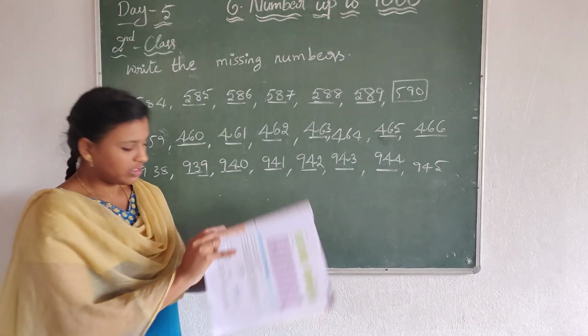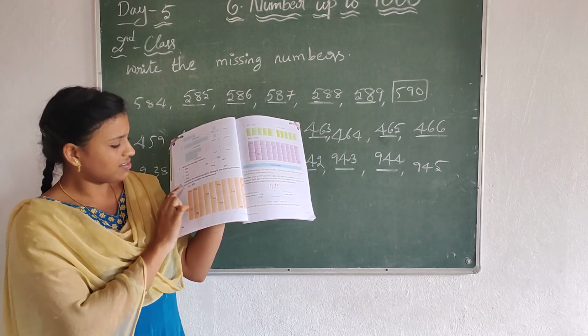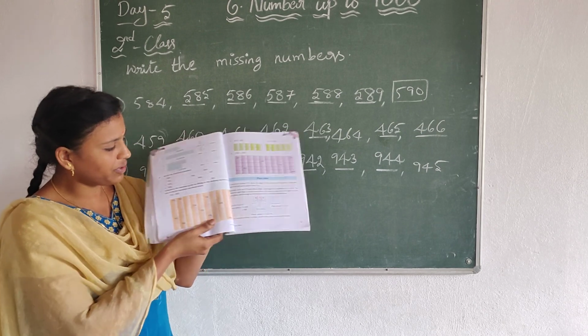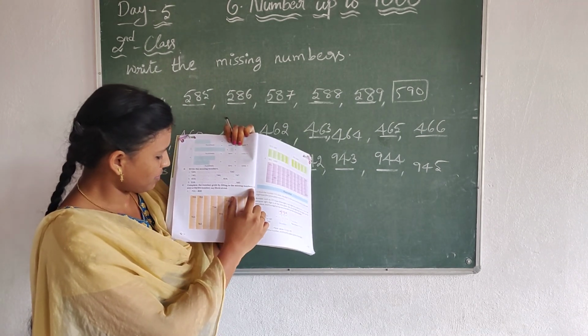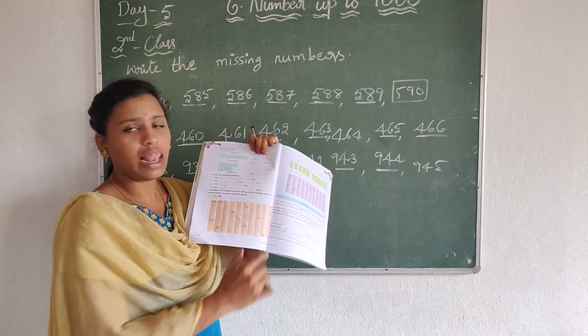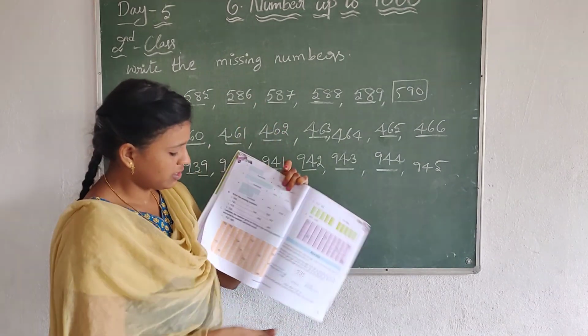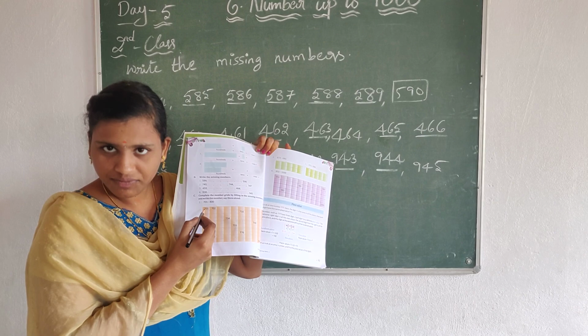Now all of you look at page number 64. Complete the number grid by filling in the missing numbers. You write the numbers and say them aloud. What is the number? 701.